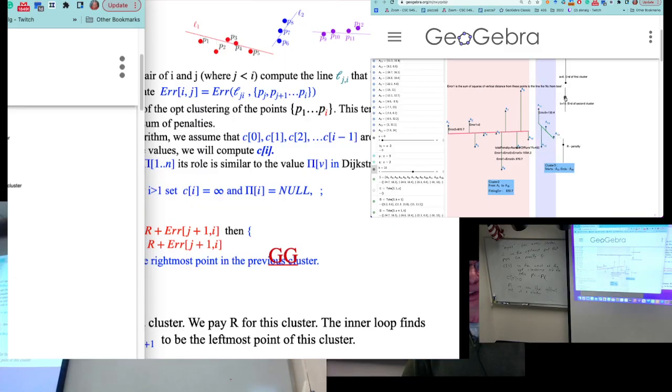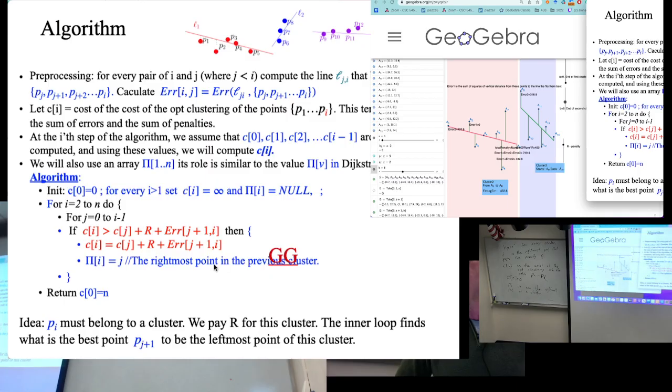I'll try to check all the ways that I can split the points between A_1 and A_10. And here in my GeoGebra, I just assume 3 clusters at most, but of course, it could be that the optimum solution for the previous point will consist of multiple clusters. That's it.